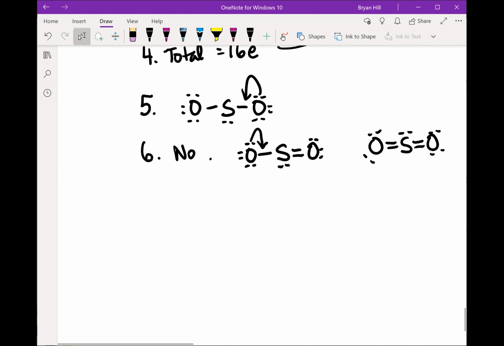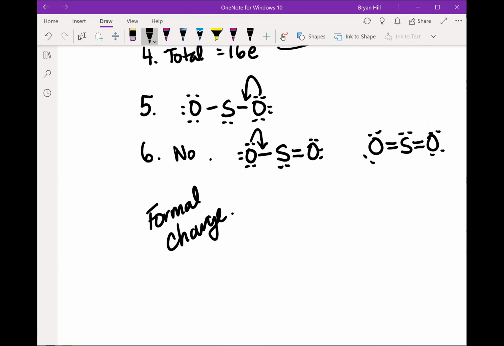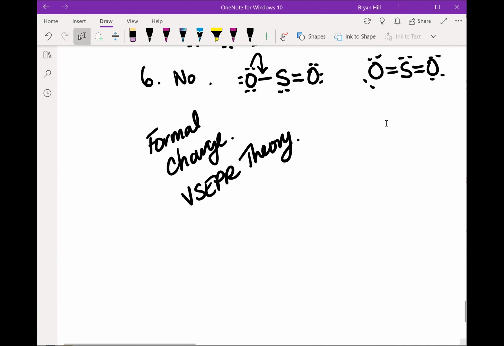So the things that we're going to be doing next are formal charge, which is more electron bookkeeping, and VSEPR theory, valence shell electron pair repulsion. Okay, good. Then we will do that coming up next.